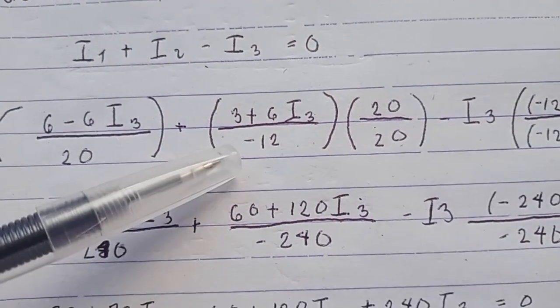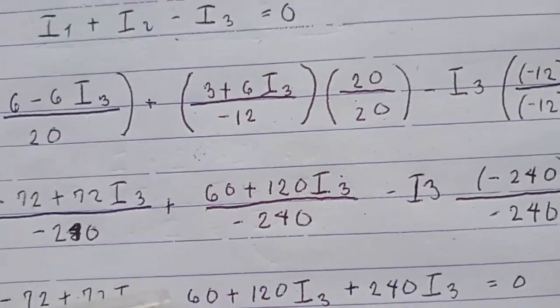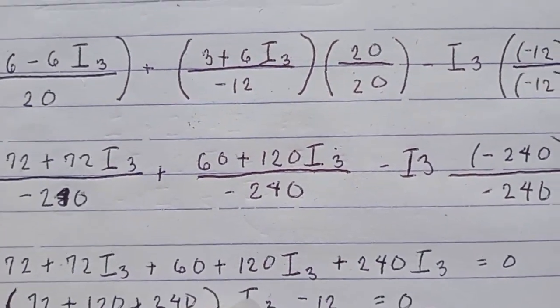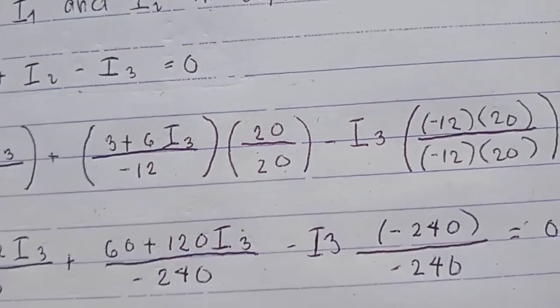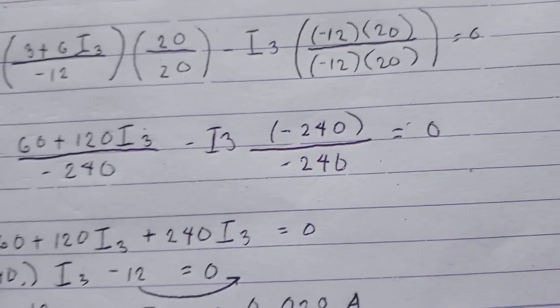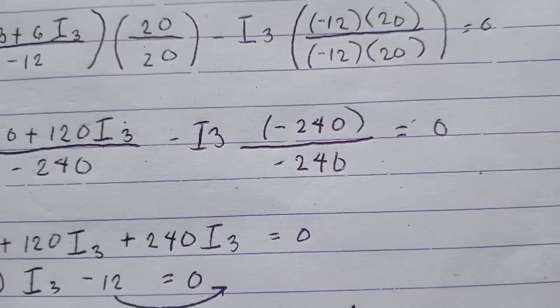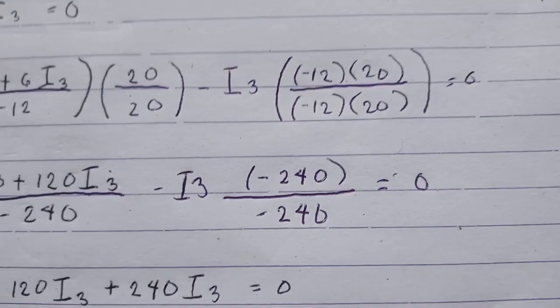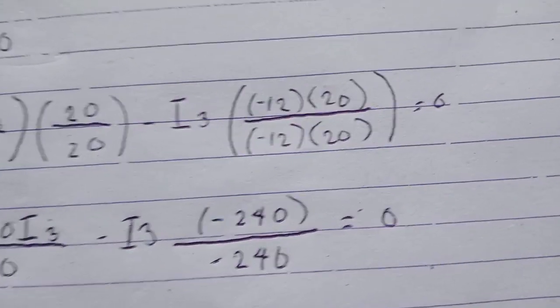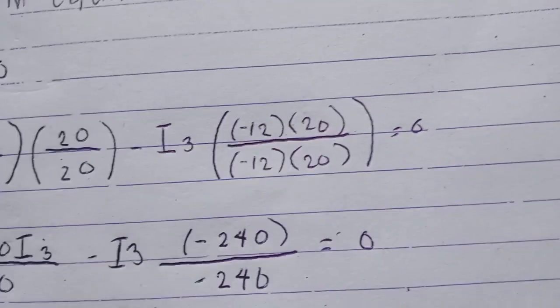So 6, positive plus positive equals positive. So positive 60 plus 120I3 plus 240I3, because negative I3 multiplied by negative 240 is positive. Negative times negative is equal to positive according to the law of integers.